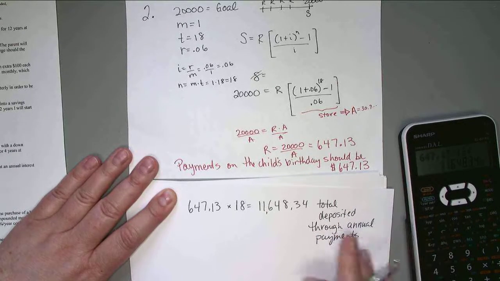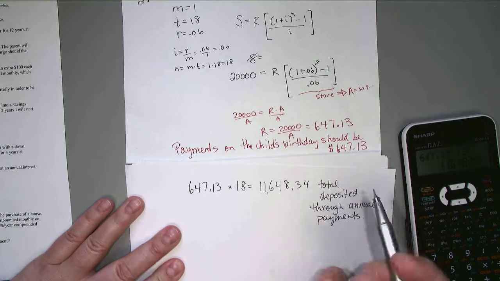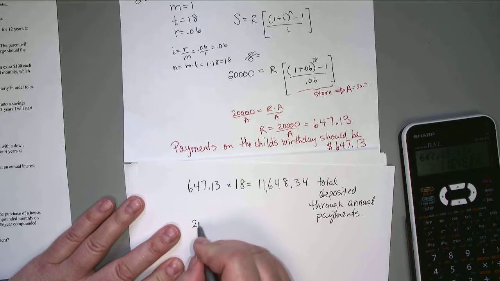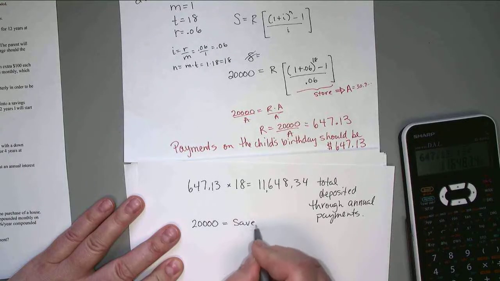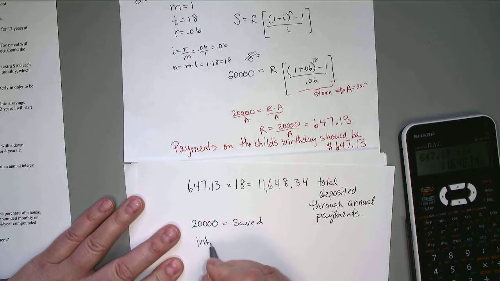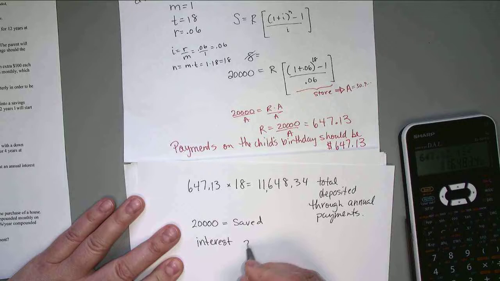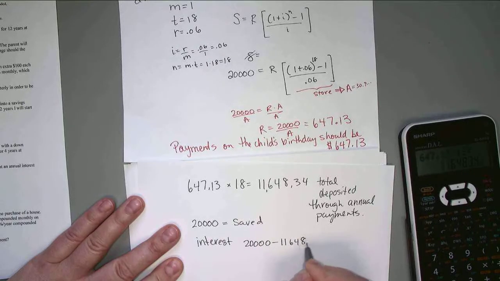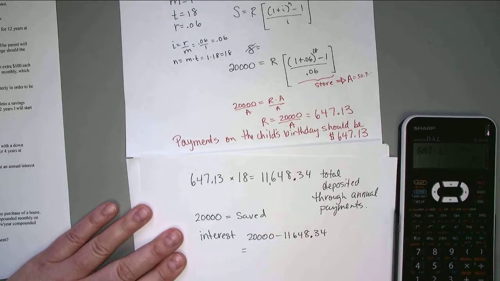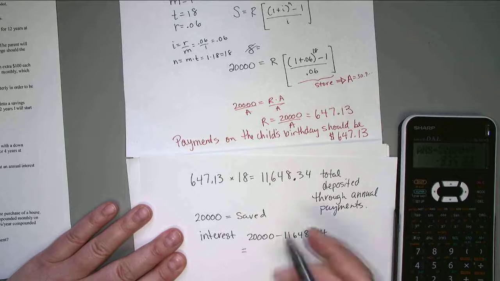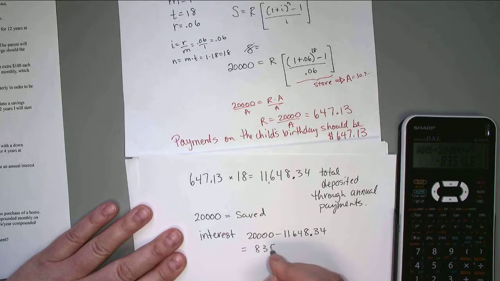Okay, so that's how much was deposited. And then 20,000 was the amount in the account at the end, was the amount saved. So if we wanted interest, the amount saved has to be bigger than the amount that you deposited, or else you did something wrong. And so that would be 8351.66.